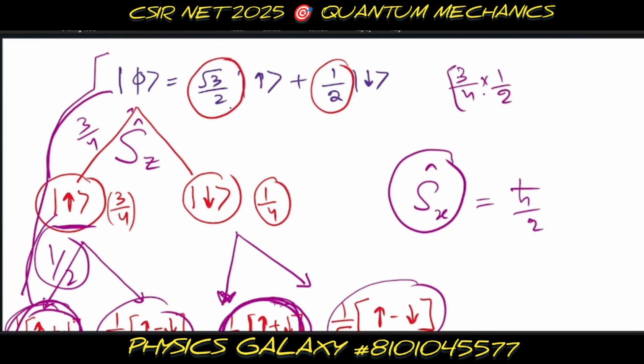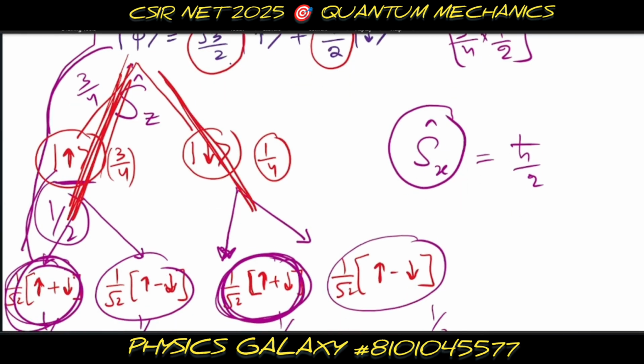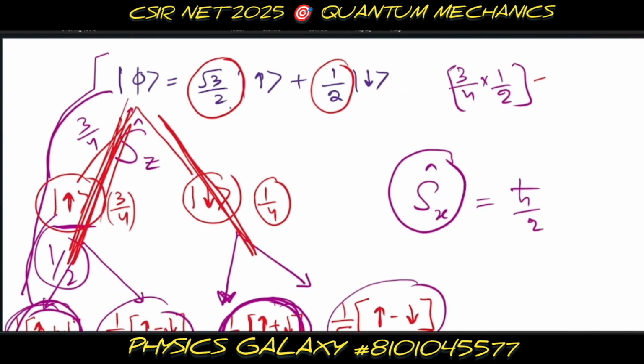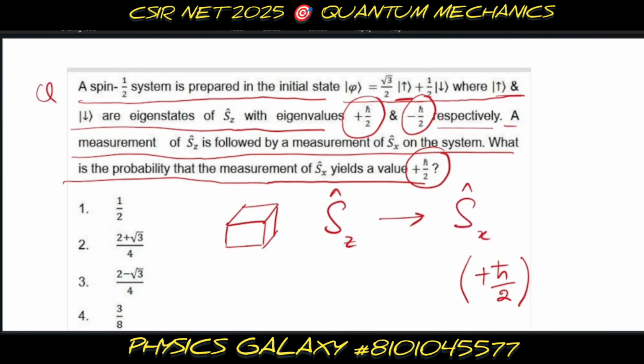So this is path 1. But we can also have this other path. So it will have plus 1 by 4 times 1 by 2. So that equals 3 by 8 plus 1 by 8, that equals 1 by 2. So 1 by 2 is the answer.